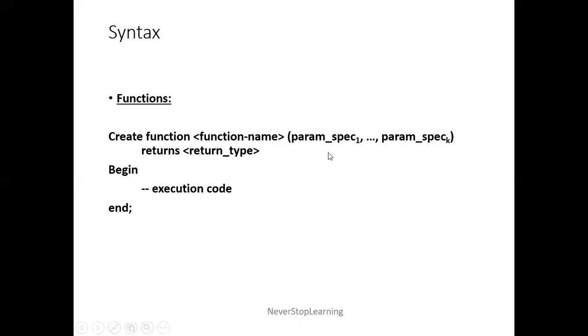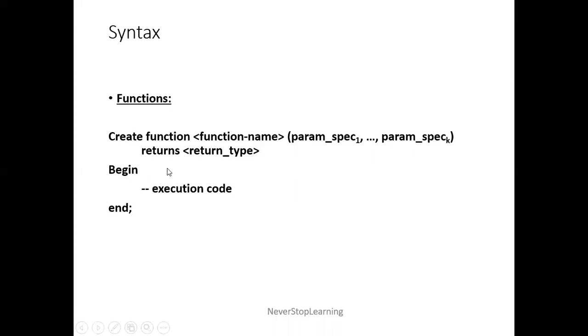But if I'm not writing here anything like in or out or in out, by default it will be taken as input. And just now we have seen functions only take input type parameters. So what we will do, we will just write the parameter name and the data type, comma if more than one parameter, another parameter name and data type.